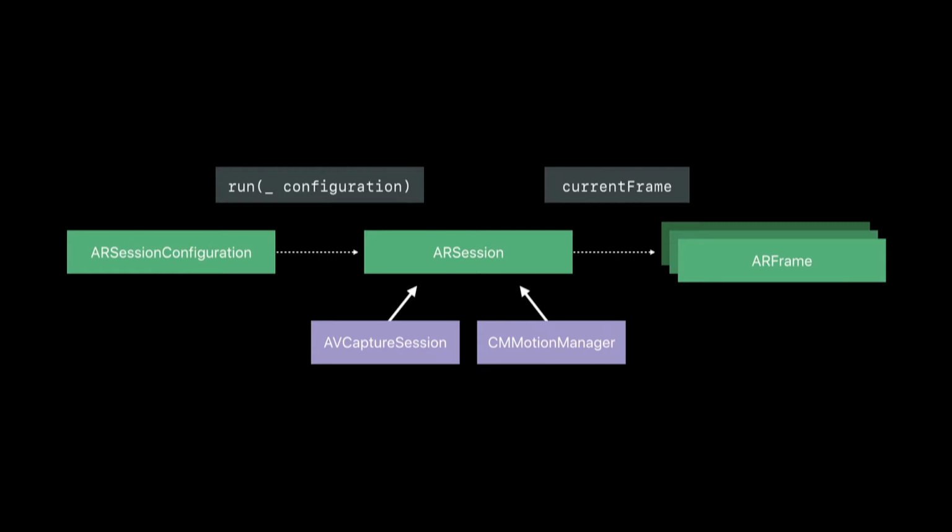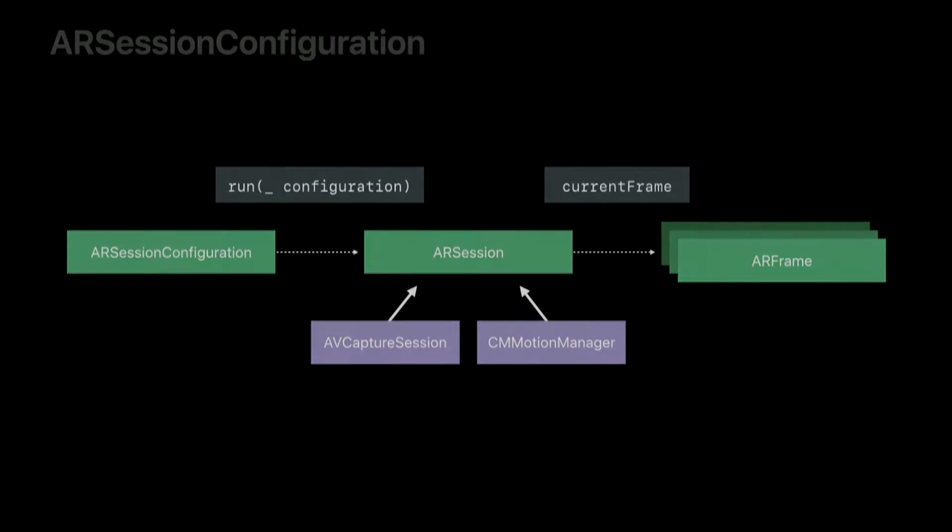So let's take a closer look at AR session configuration. AR session configuration determines what kind of tracking you want to run on your session. So it provides different configuration classes. The base class, AR session configuration, provides 3 degrees of freedom tracking, which is just the orientation of your device. Its subclass, AR world tracking session configuration, provides 6 degrees of freedom tracking.